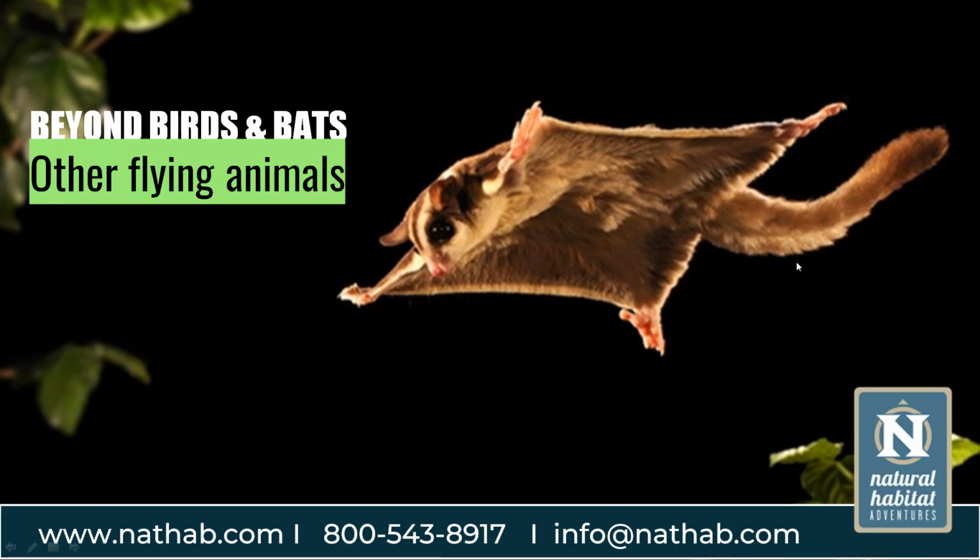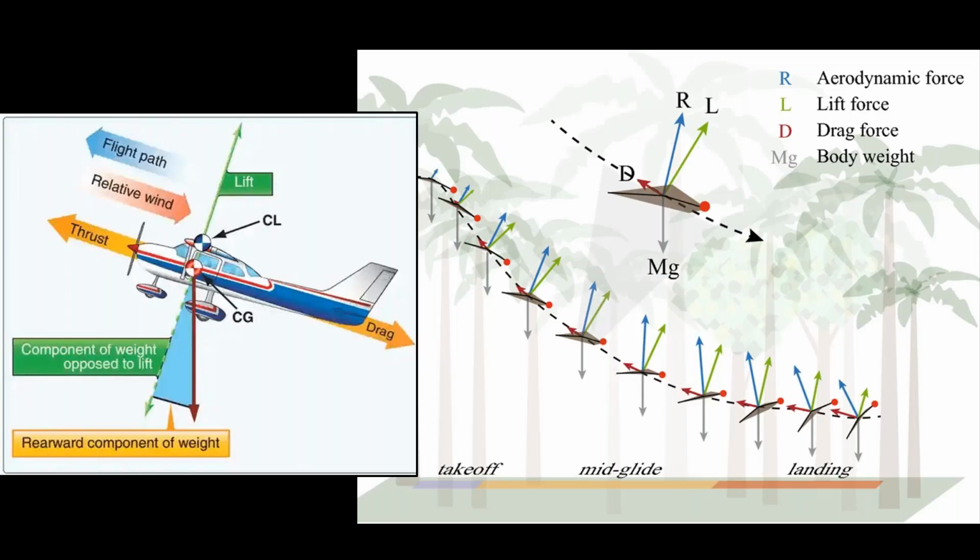In order to successfully move through their habitat, these gliding animals must actively modulate two things, propulsive and aerodynamic forces. They need propulsion to push forward. They have to move forward, right?